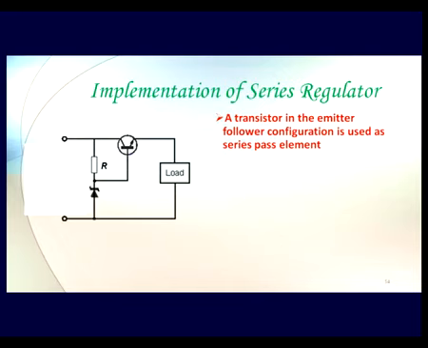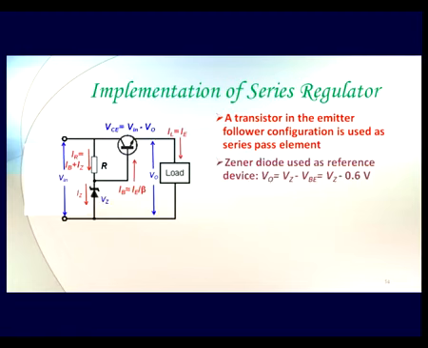Since this transistor is conducting in its active region, its base emitter voltage VBE will be constant, of the order of 0.6 volts for a silicon transistor. So the voltage at the output of this series regulator is nothing but VZ minus VBE, that is, lesser than the reference voltage by VBE or 0.6 volt.